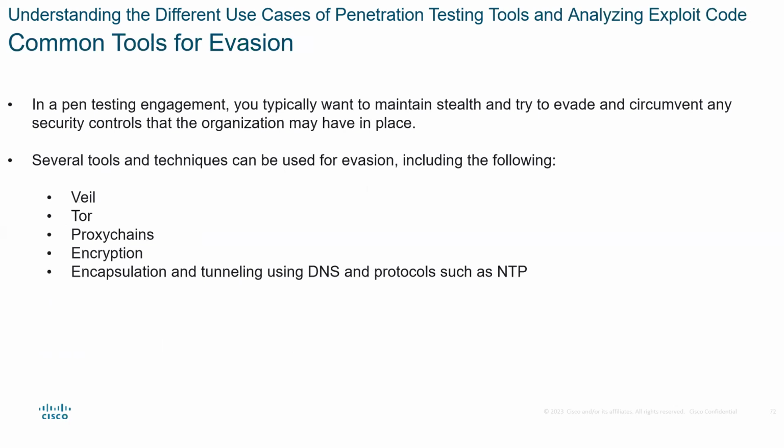So for evasion, there are tools that help. Evasion is just trying to say you want to be stealthy, you want to be silent, hidden, you don't want to be found. You want to evade, circumvent, and not be seen. Tools that can be used for that are Veil, Tor, proxy chains. You can also use encryption to do that. A very common tool is Tor.